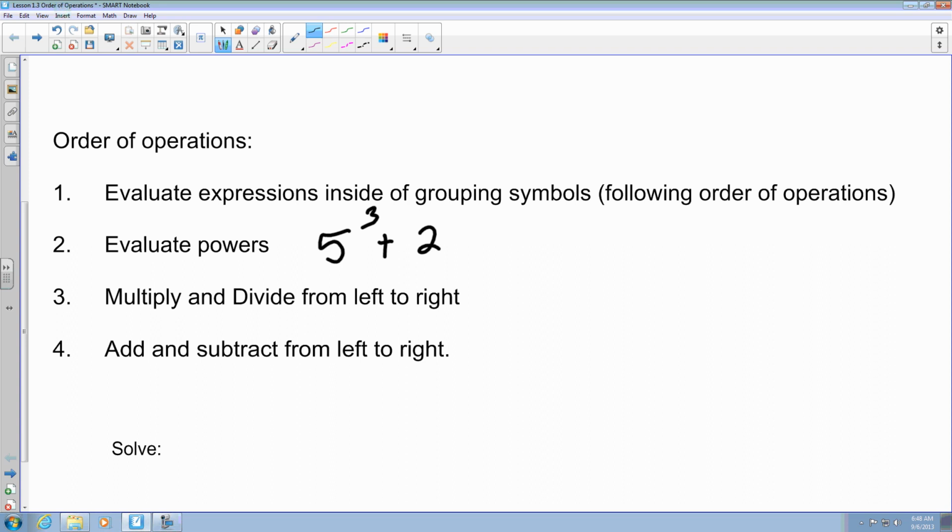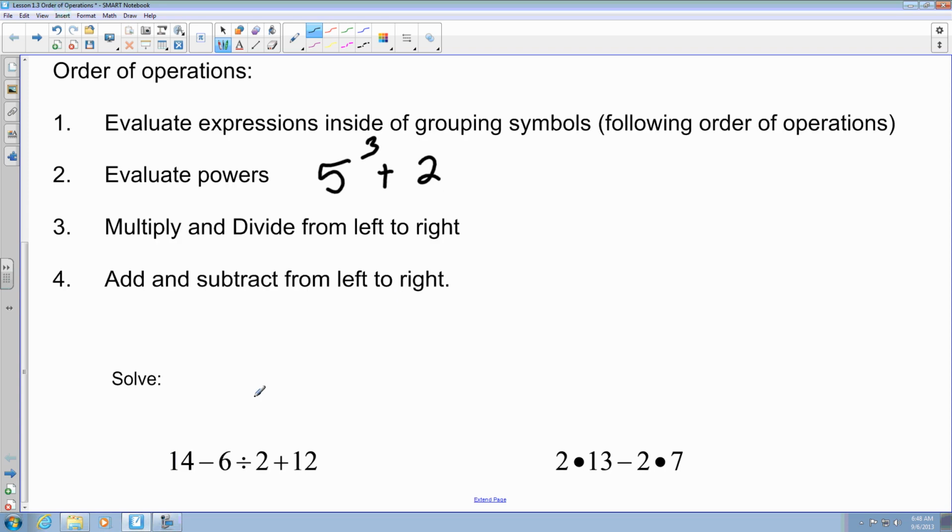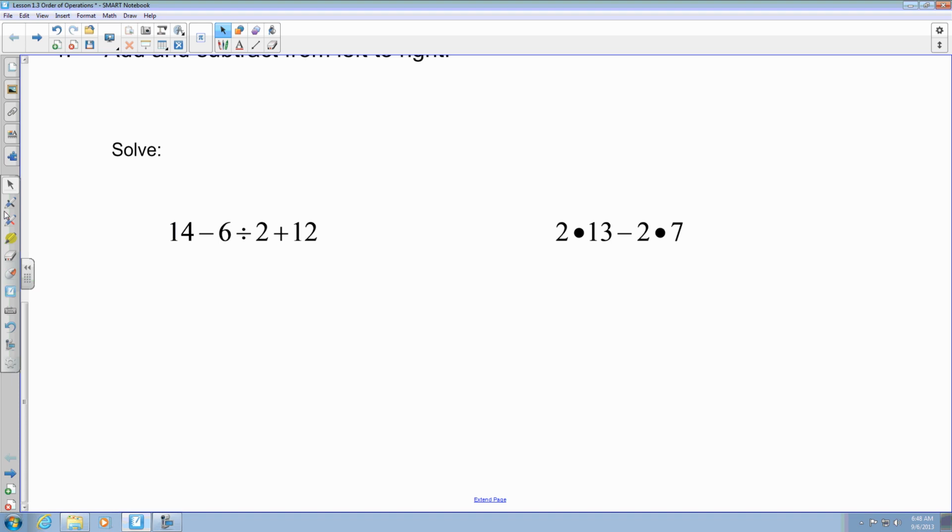So looking at some examples, I have 14 minus 6 divided by 2 plus 12. From here, I'm like, well, is there any brackets? Are there any parentheses?